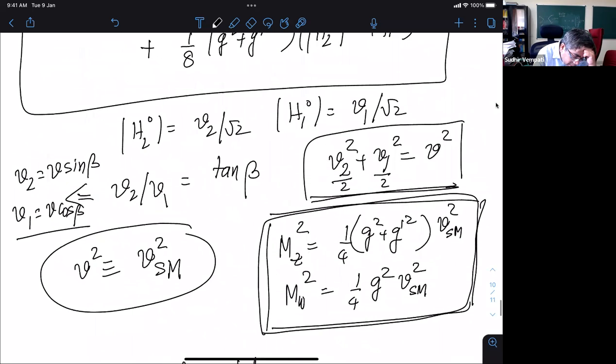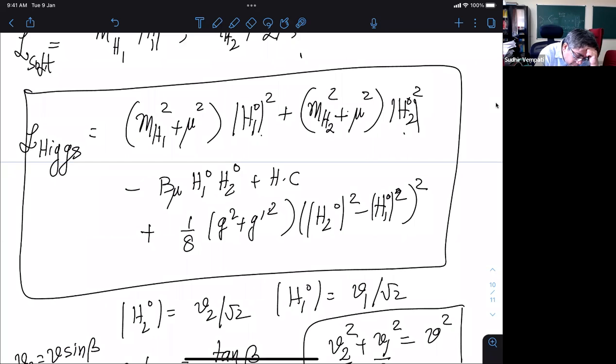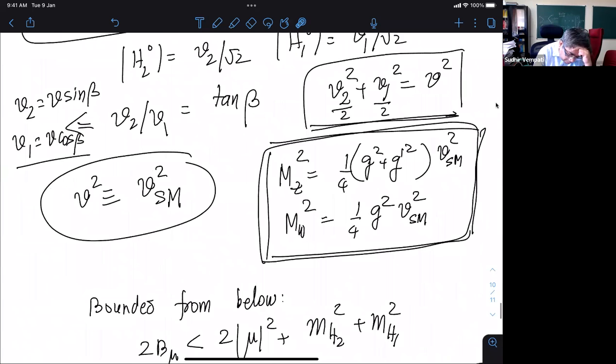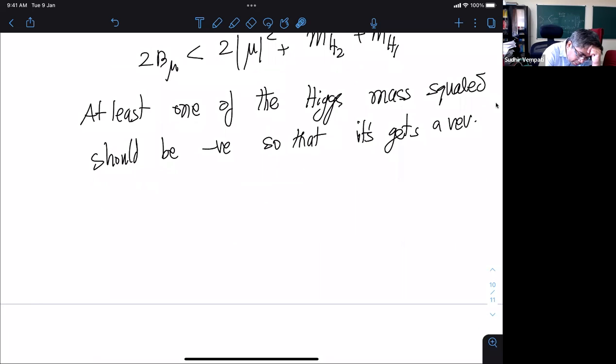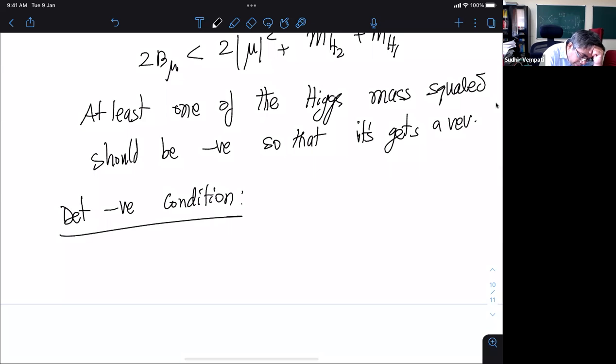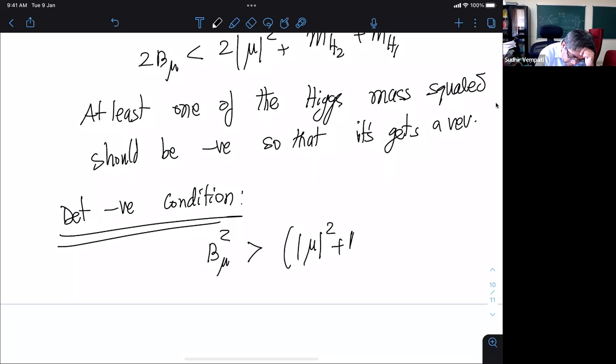These two are the diagonal terms, and this is the off-diagonal term, and the determinant should be negative. That means one eigenvalue of the Higgs mass matrix should be negative. So b mu square should be greater than mod mu square plus mh2 square times mu square plus mh1 square.